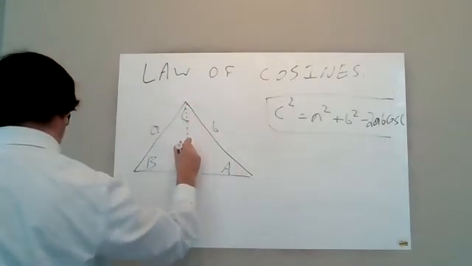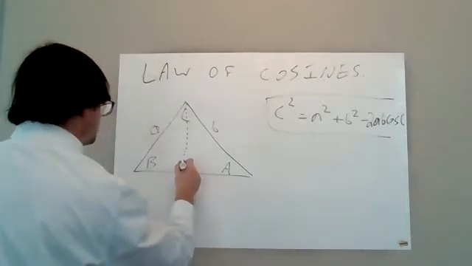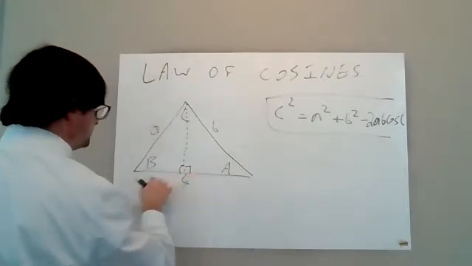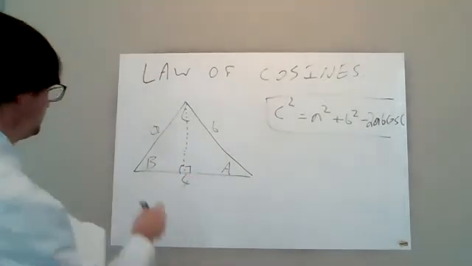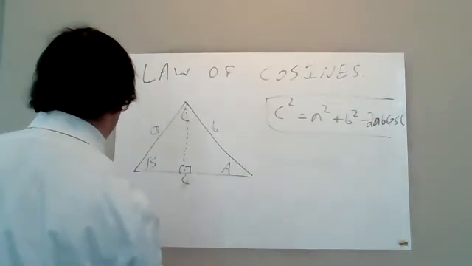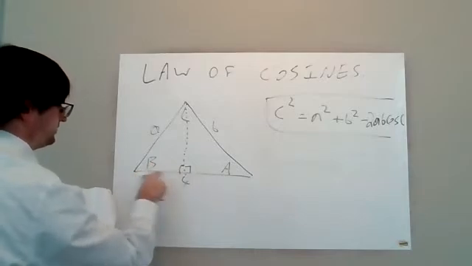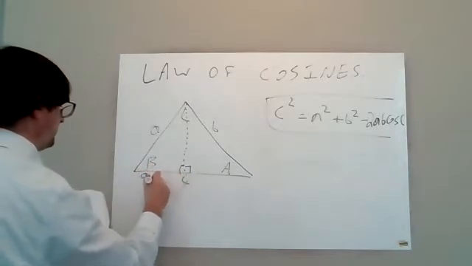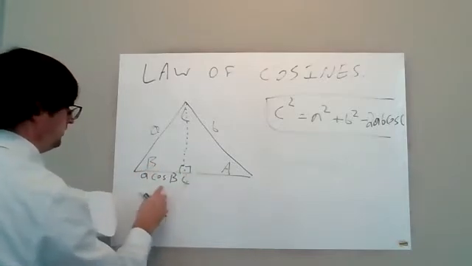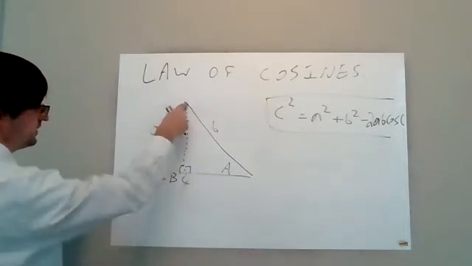I'm going to put a perpendicular down here. And think of this as splitting c up into two parts. And I can write those in terms of, hey, I know A and I've got little b. So this is going to be exactly a cosine B, because the ratio of this to that is a right triangle.